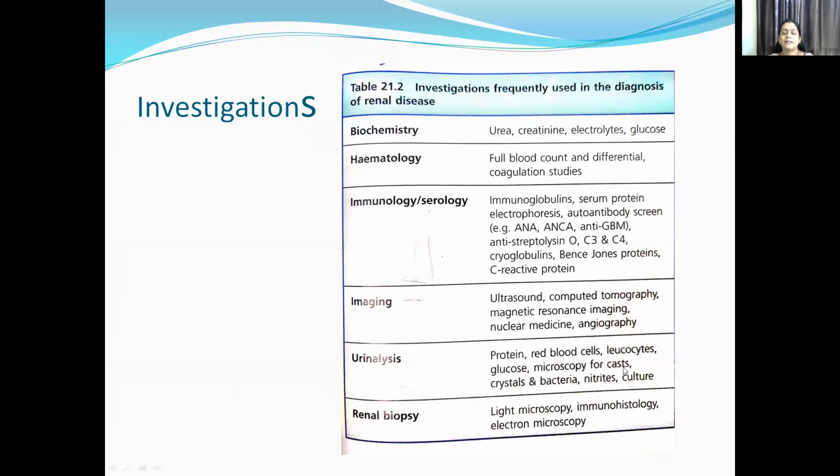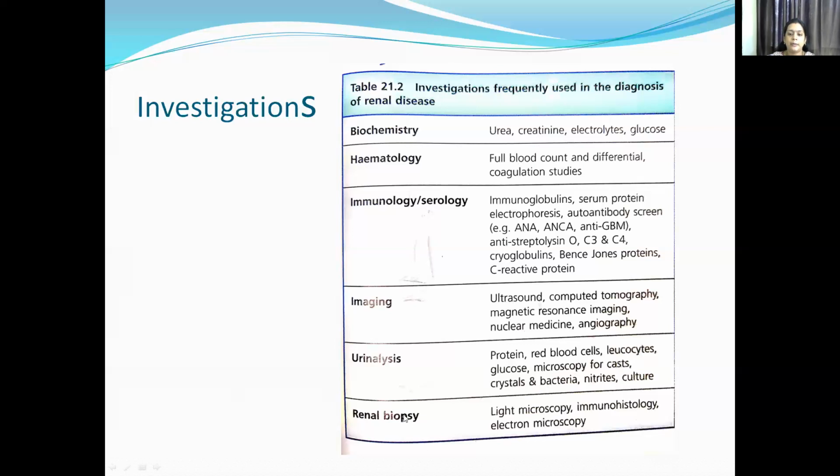Microscopy for casts: casts are nothing but homogeneous protein materials usually found in the kidney. Sometimes some casts like hyaline casts are just there and they're not significant of anything. But if there are certain casts like RBC casts or WBC casts, that will point you towards some disease.